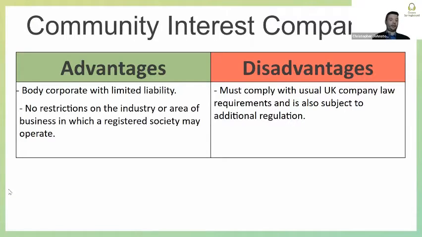You need to file an annual community interest report and maintain a higher standard of record keeping within the company, which at an early stage can be really quite oppressive when you're starting a business. There's a lot of regulation to get your head around, and also, like I say, the obligations of transparency, meaning the CIC needs to be run really well from the get-go, which can be tricky.